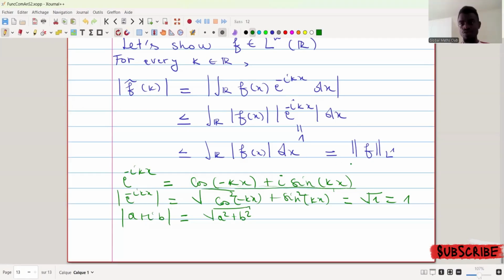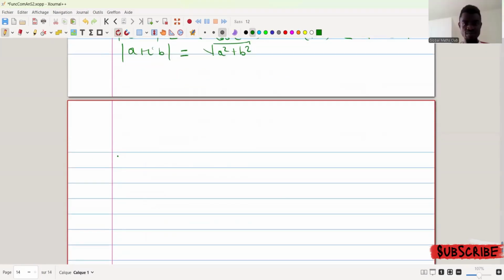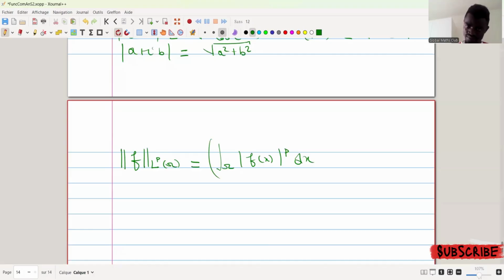So I hope that you understood also why this integral is the L1 norm. In fact, this one is the Lp norm of f. The Lp norm of f, in the case where p is finite, of course, is the integral of the absolute value of f to the power p, all to the power one over p.